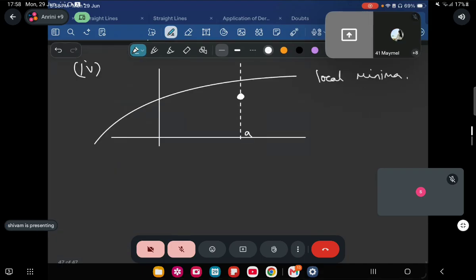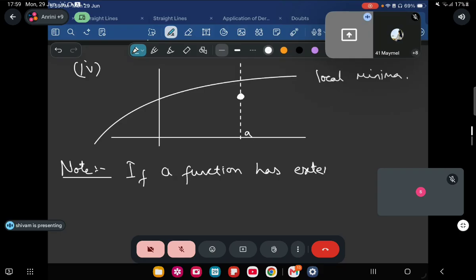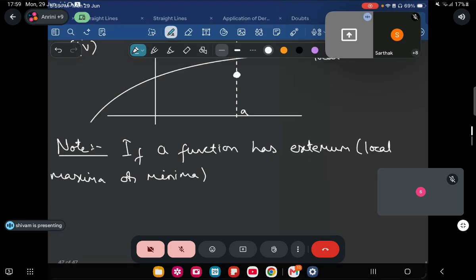Yes, sir. Note: if a function has an extremum at x equal to a, and extremum means local maxima or local minima, then it can't be monotonic at x equal to a.